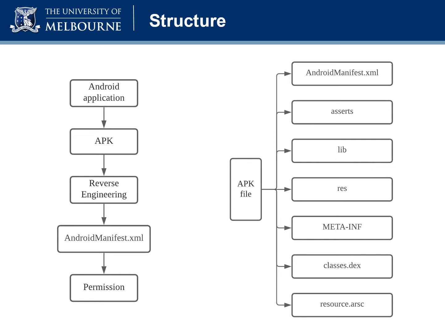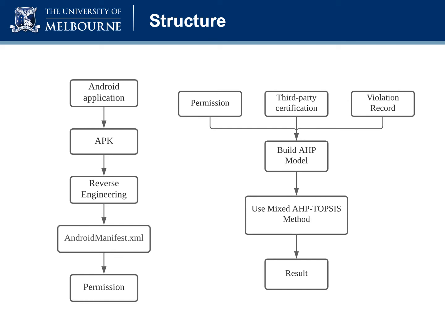We combine the permission list with third-party certification and violation records obtained from other information security platforms to establish an AHP model. Afterwards, the mixed AHP-TOPSIS method can be used to obtain the final safety ranking. Next, I will use the new model I built as an example to introduce the AHP model in detail.